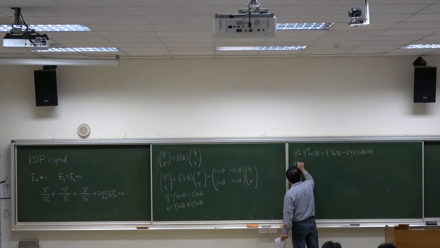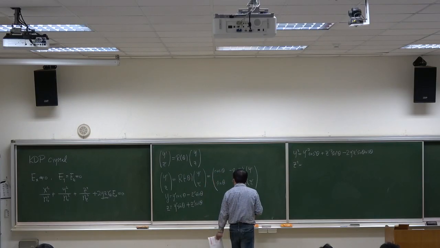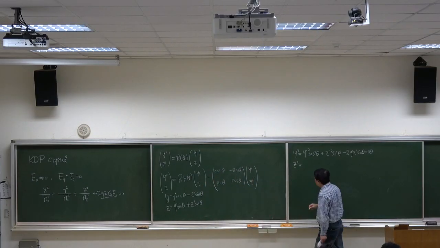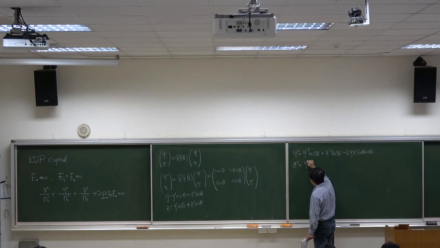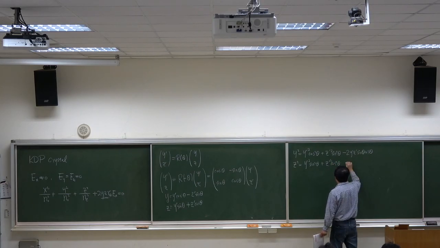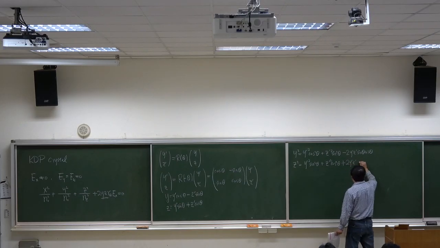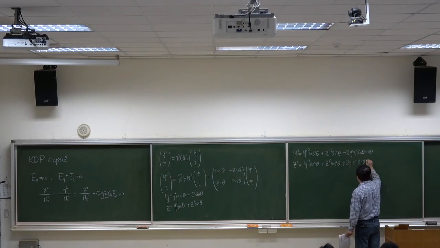And for z squared, we have y prime squared sine squared theta plus z prime squared cosine squared theta plus 2 y prime z prime sine theta cosine theta.